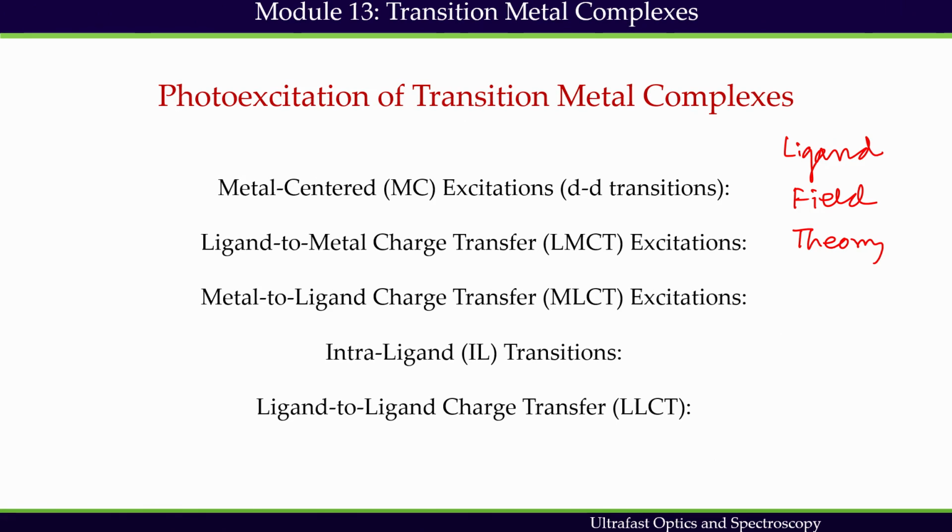The first one is metal centered excitation, which is also called DD electronic transition. So, if I assume that I have a transition metal complex, let us say we have this kind of structure, with M representing metal and L representing the ligand.